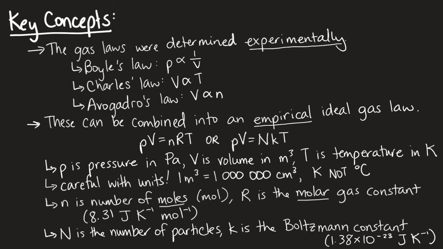Whereas the capital N in PV equals NkT is the number of particles and k is the Boltzmann constant. Notice that the Boltzmann constant just has units of joules per Kelvin, and it's multiplied by the number of particles, which is unitless. So capital Nk and lowercase nR end up with the same units.